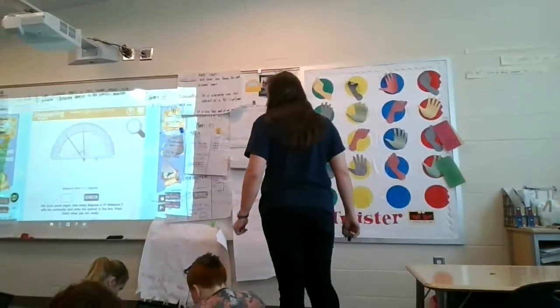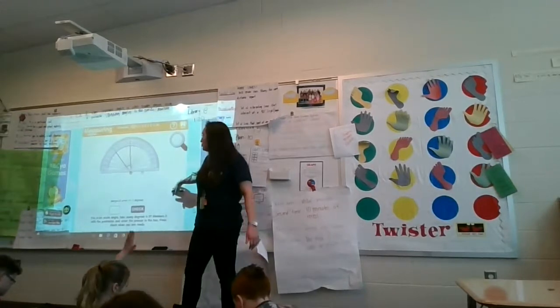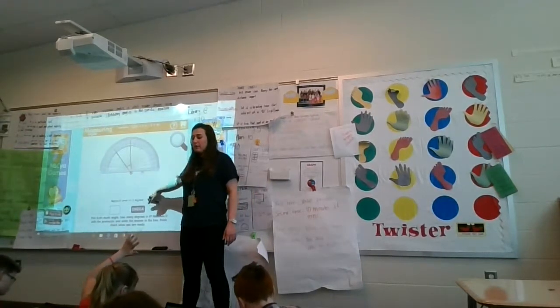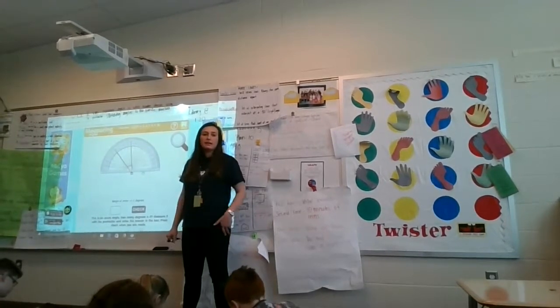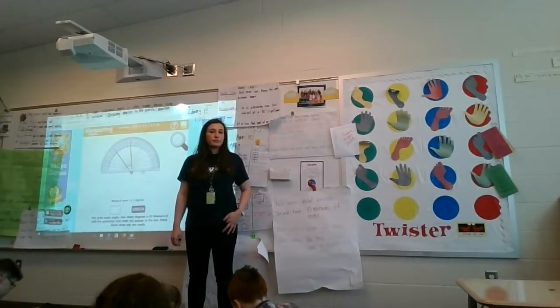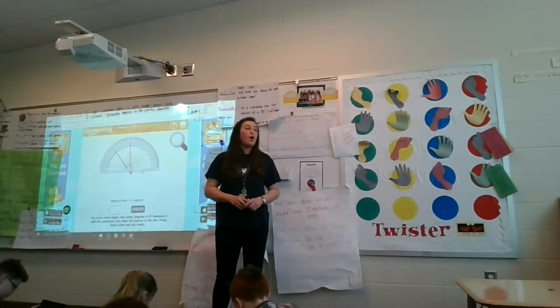All right, ladies and gentlemen, what did we come up with? What do we need to do in order to find the measurement of this angle? What do we need to do, Eden? Move the protractor so the vertex is in the middle. Okay, very good.